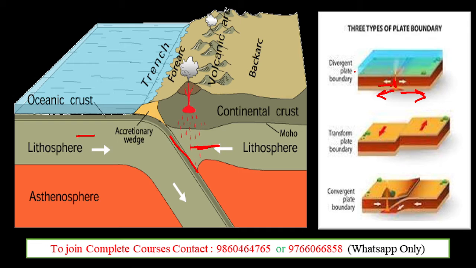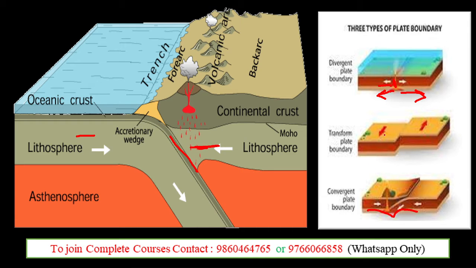Clear? So you can just remember there are three important movements related with the tectonic plates or the lithospheric plate: one is divergent, one is transform, and other is convergent. Divergent is the opposite direction, convergent is the same direction, they look like this, same direction.